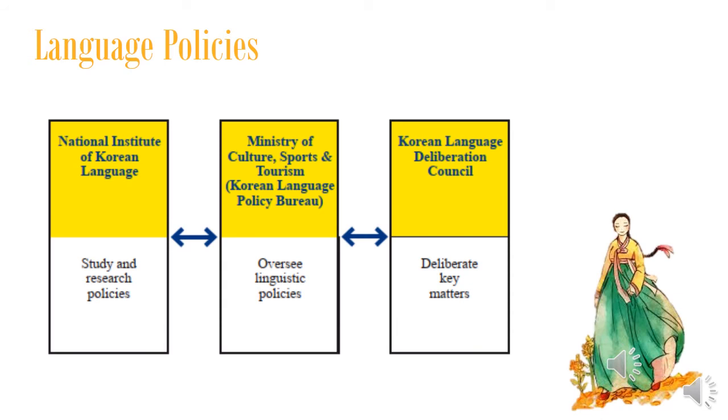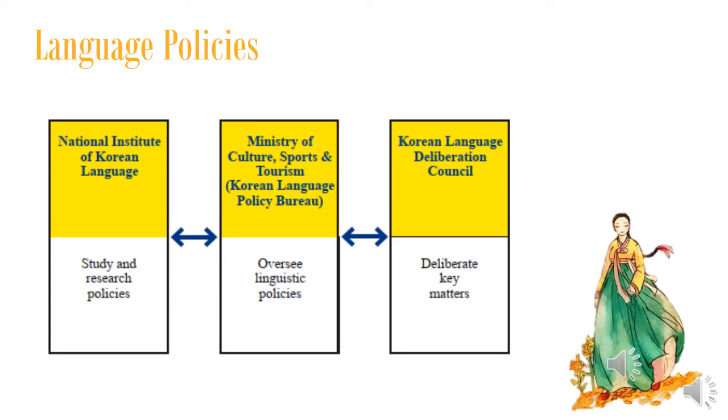When the government reorganized, they created three faculties that work hand in hand in order to formulate and implement language policies. The first one is the National Institute of Korean Language, or NIKL, whose primary focus is to study and research policies. The second one is the Ministry of Culture, Sports, and Tourism, which has the Korean Language Policy Bureau on its wing, which oversees linguistic policies.